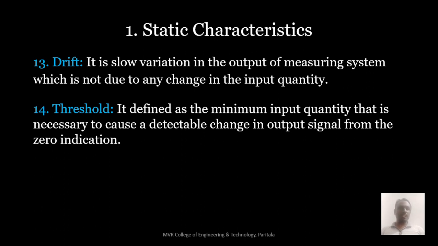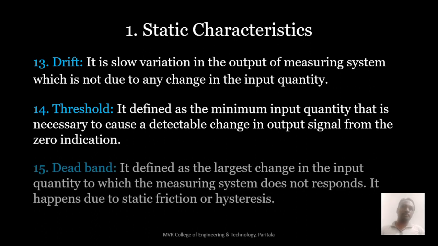That means the indicator will not move from zero. By increasing the voltage, it may move at a certain voltage. That can be called the threshold. It must respond to the minimum input quantity, and the input quantity required for that is called the threshold.